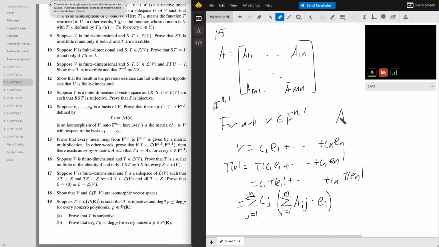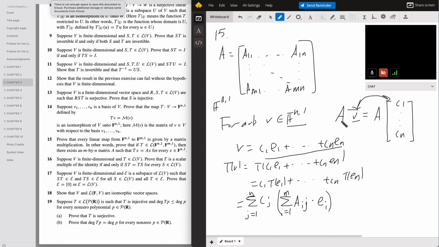But looking at it from the matrix transformation side, on matrix A times a vector, you can decompose this, but actually you shouldn't have to do that, because this being written as this in Fm1 is the same as saying this is the same as this vector.